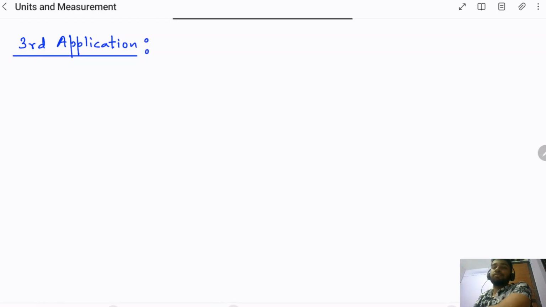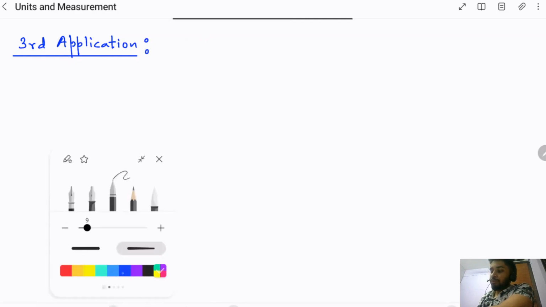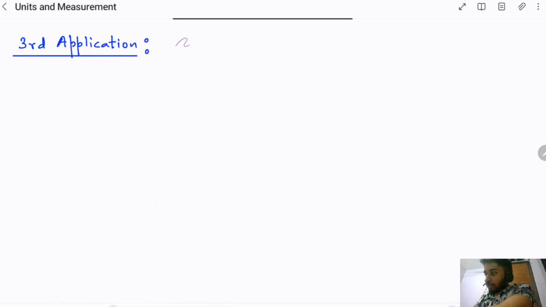Third application of dimensional analysis is conversion of units. With the help of dimensional analysis, we can convert any physical quantity from one unit to another.